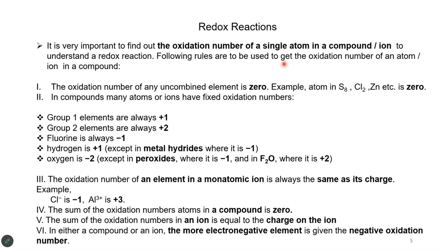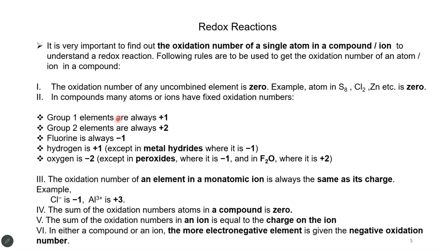Any element uncombined, not combined with anything, in elemental form, has an oxidation number of zero. For example, sulfur S8, chlorine Cl2, zinc, their oxidation number is zero.